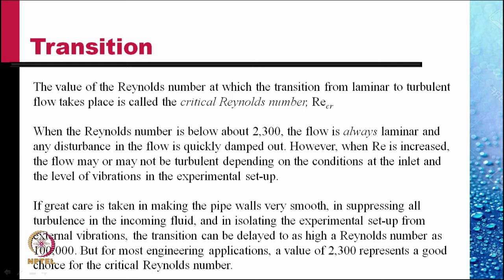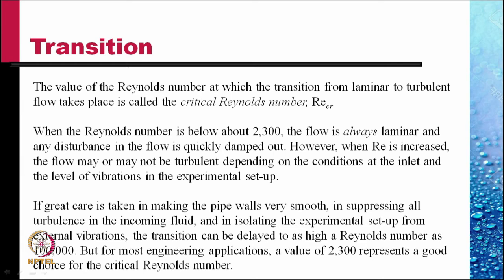And that was largely because the roads near the laboratory in University of Manchester are now busy roads with a lot of traffic. The traffic causes disturbance in the building, and because of the vibrational environment around the laboratory, the transition now takes place earlier.